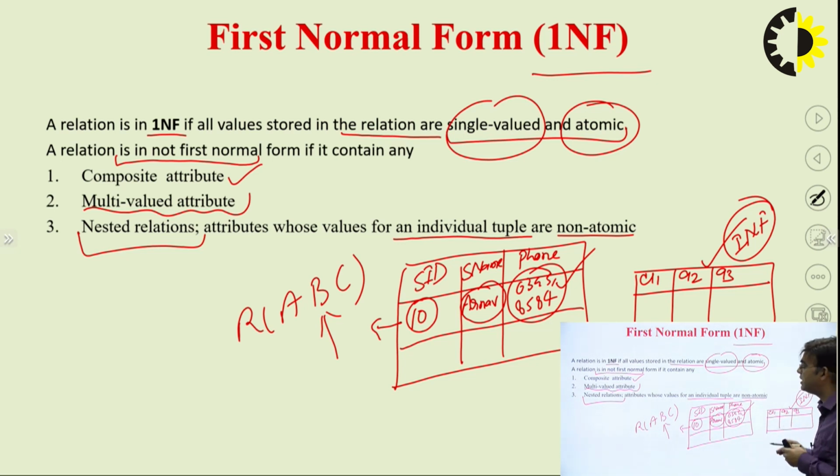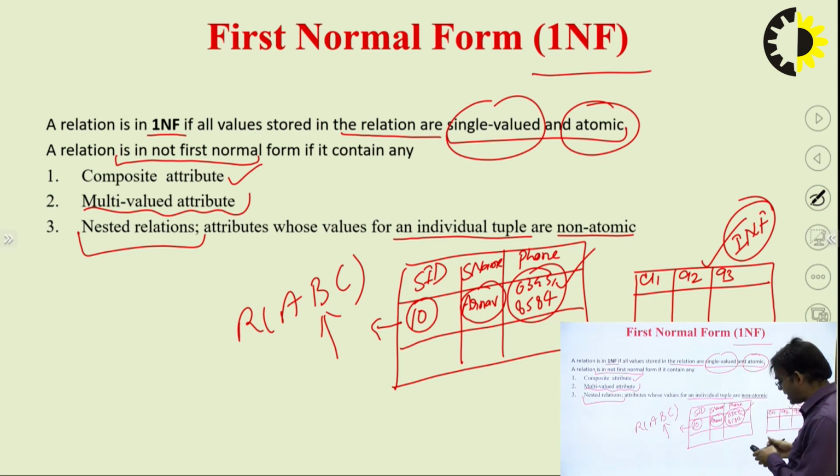I'm revising it again: a relation will be in first normal form if all the values stored in the relation are single valued and atomic. If it contains a composite attribute, a multi-valued attribute, or values for an individual tuple that are not atomic, then that relation is not in the first normal form.